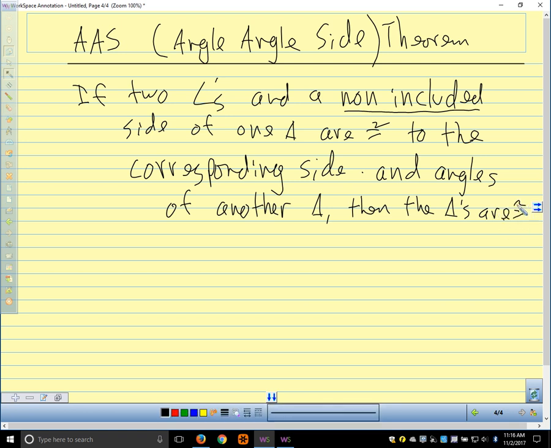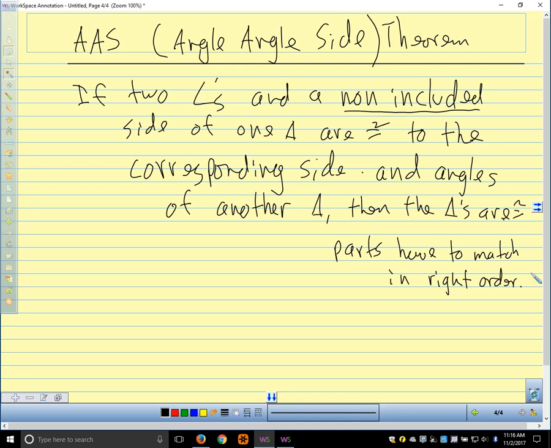And the reason that we say corresponding is that the parts have to match up in the right order. So that's why we say corresponding. We have to make sure the parts match up in the right order.